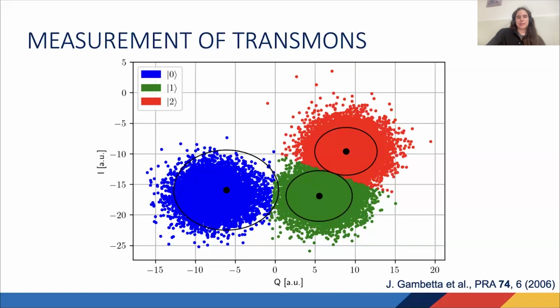Now, at the start, I said we want to be in the 0 state or the 1 state because that's how we define a qubit, and that's where we want our computations to be. But it turns out that sometimes by accident, we go into higher energy level states. So I've also shown the 2 state in this measurement diagram. It's possible to measure higher energies. So again, based on this, I can read out the state of my qubit by probing a resonator.